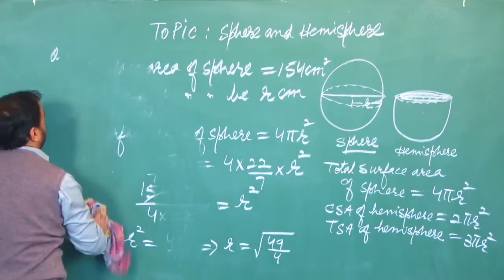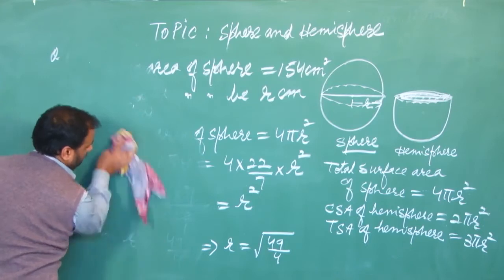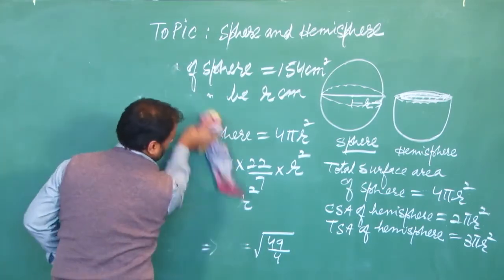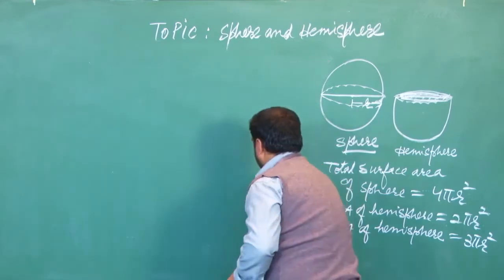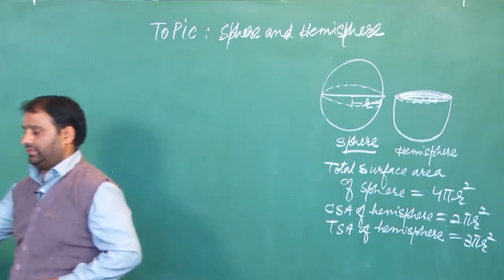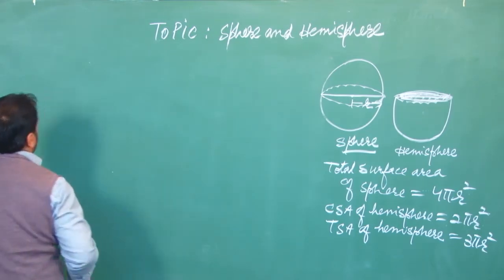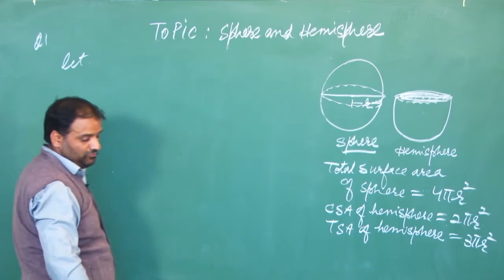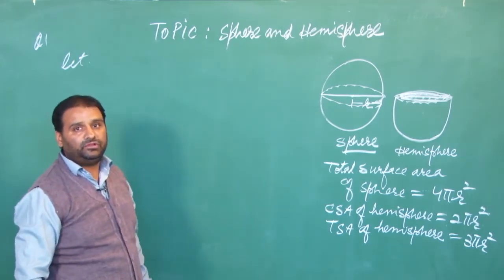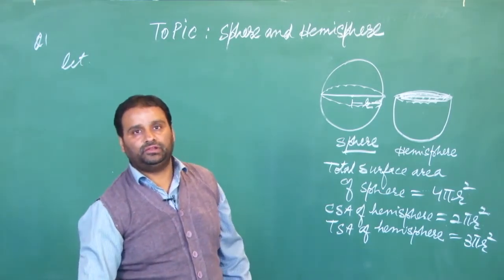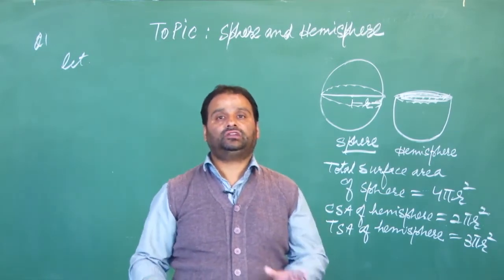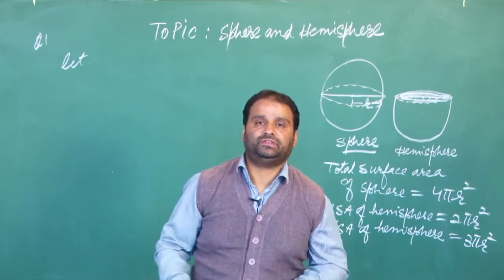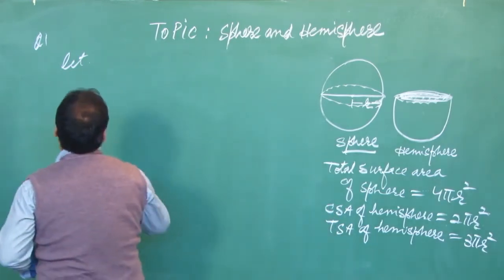First of all, we need to find the ratio of their surface areas, the surface area of moon to the surface area of earth.